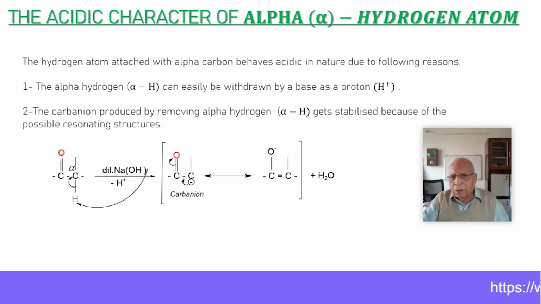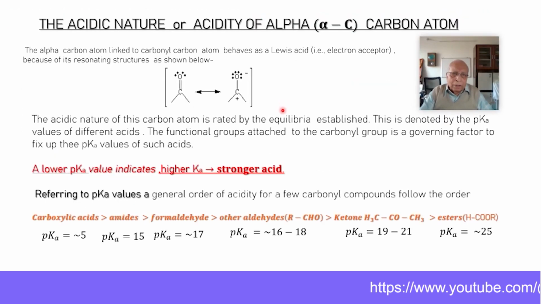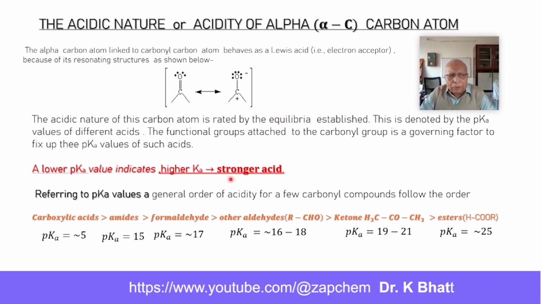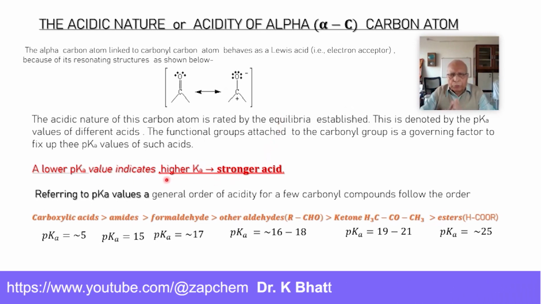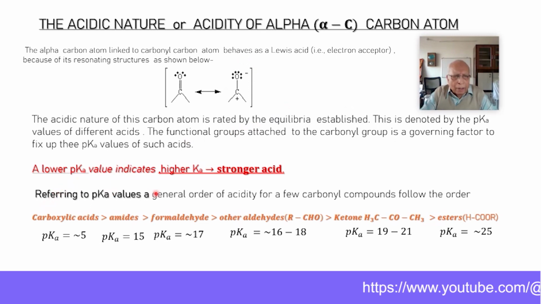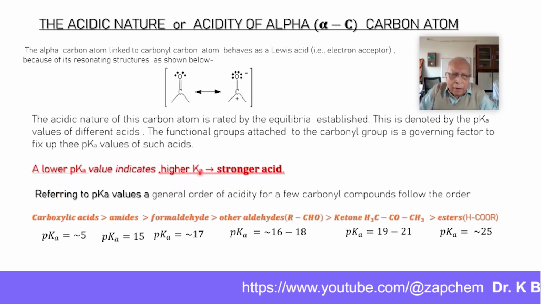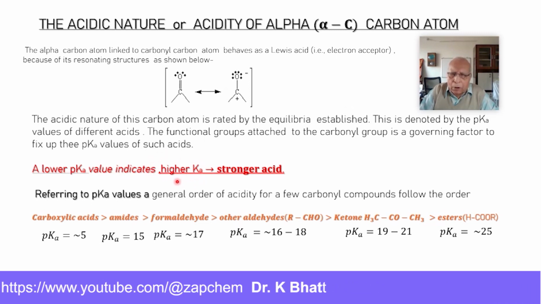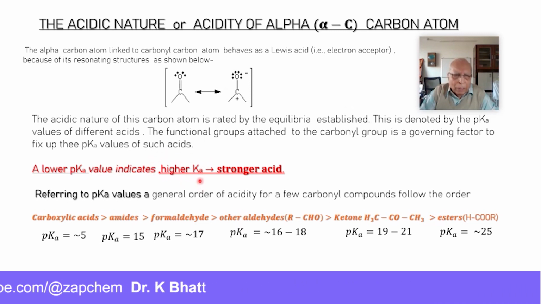Now, when the hydrogen is acidic, how about the carbon? The carbon itself is acidic. The remaining portion is acidic, with a lower pKa value, and it has its own resonating structure, as I have already explained, and a higher Ka value, just as all acids have their equilibrium constant represented by Ka.